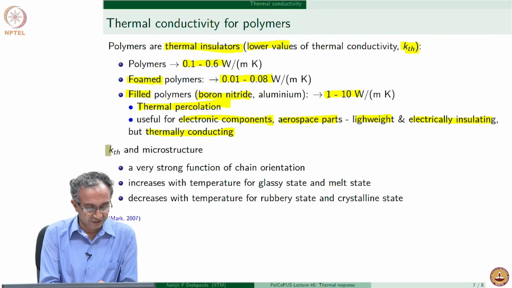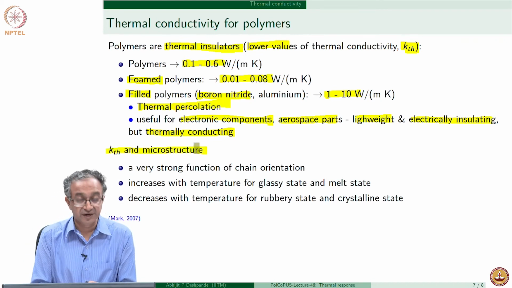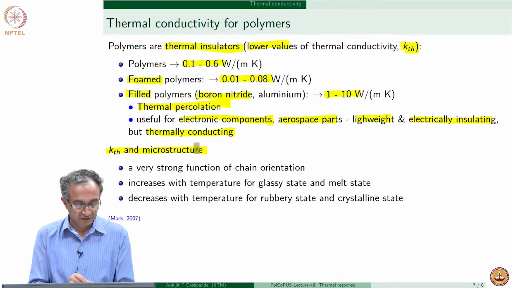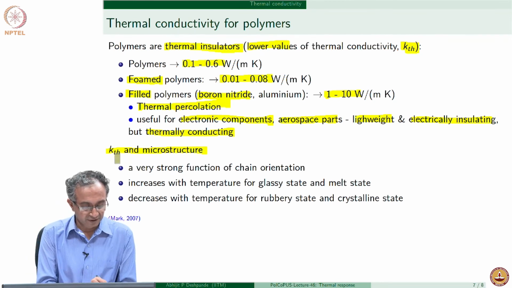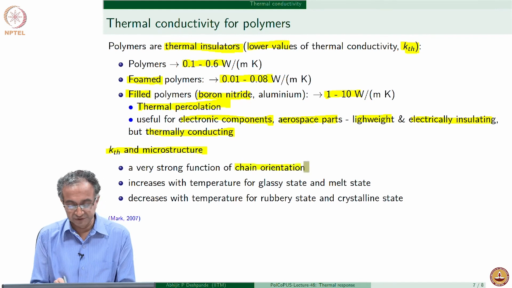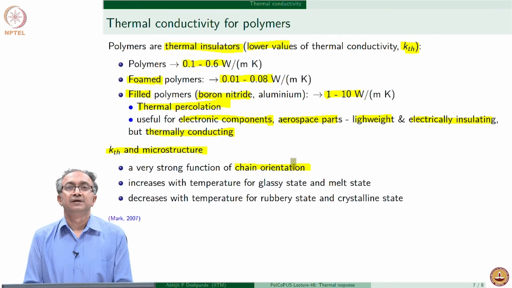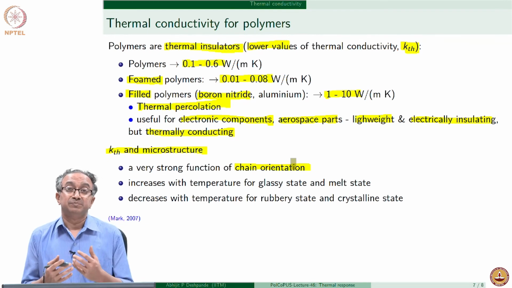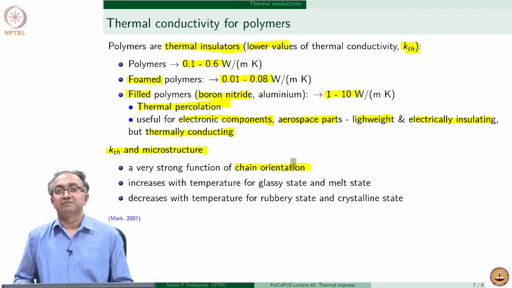Just to end with this discussion, we will look briefly at how the effect of temperature on conductivity tells us about the microstructure. The conductivity is a very strong function of chain orientation, if you recognize the basic mechanism of thermal conductivity.